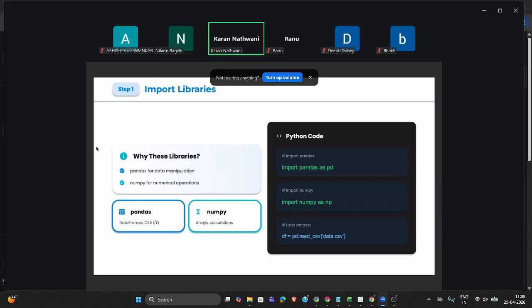So why these libraries? Because Python, I told you, is one of the statistical ways of handling the data. There are Excel, there is CSV, but now everyone has moved to Python because Excel and CSV are now becoming obsolete, and many times you need to do more difficult formulas.